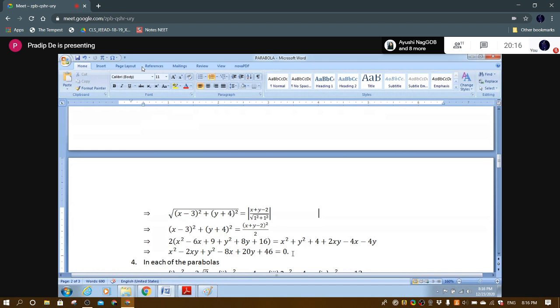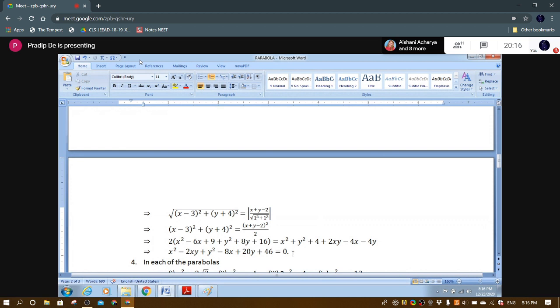Now, if you look at this equation, just a bit off the topic parabola, you see that there are second degree terms, x square, xy, y square. Then there are linear terms, x, y, and there is also a constant term. If we generalize this equation, this is called a general second degree equation.